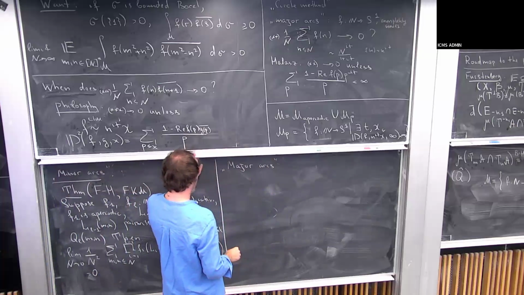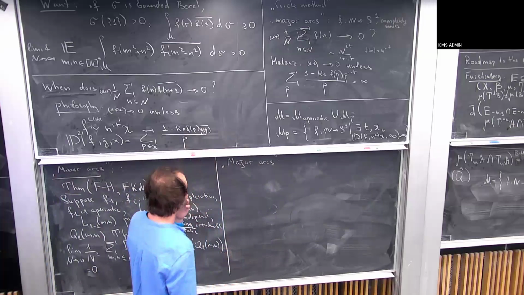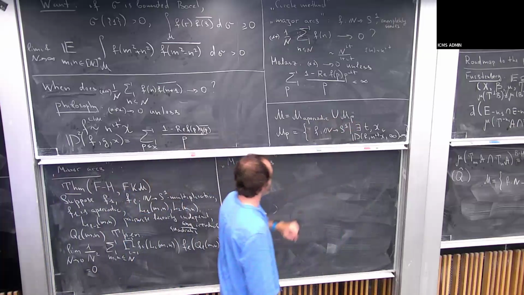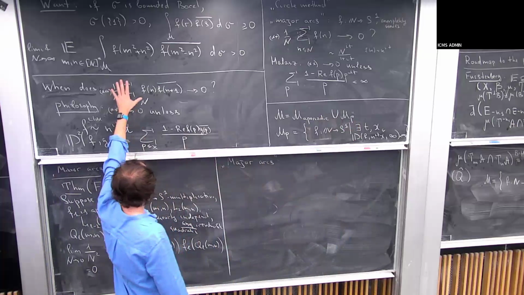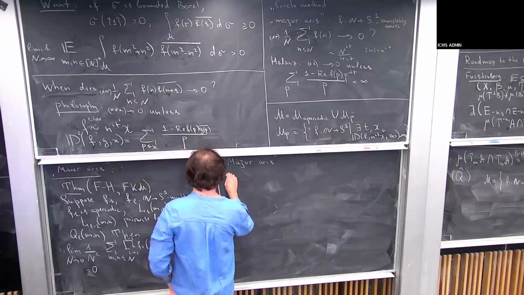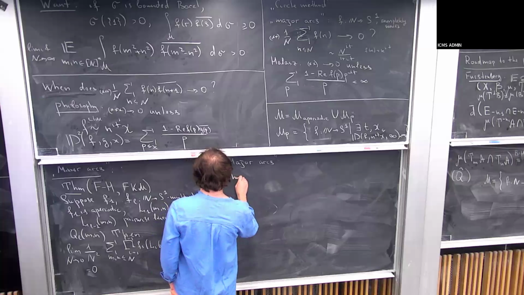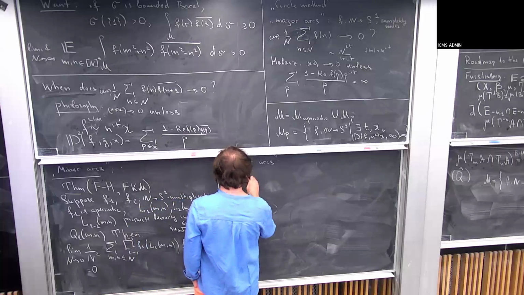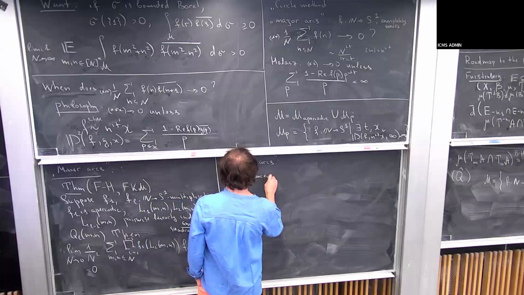The major arc is we need to handle the functions which look something like a character times n to the it and somehow find this positive contribution from the major arc. So this is a theorem which, let me actually state it in a special form, which one can call concentration inequalities.